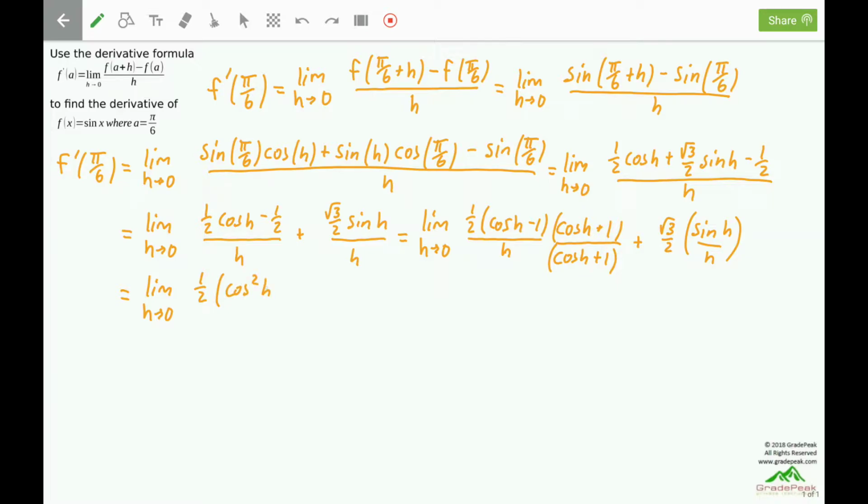First, cosine squared of h, outside, plus cosine of h, inside, negative cosine of h. Those will cancel, being equal value opposite sign. And then last, negative 1 times a positive 1 is a negative 1. Let's cancel these terms out.